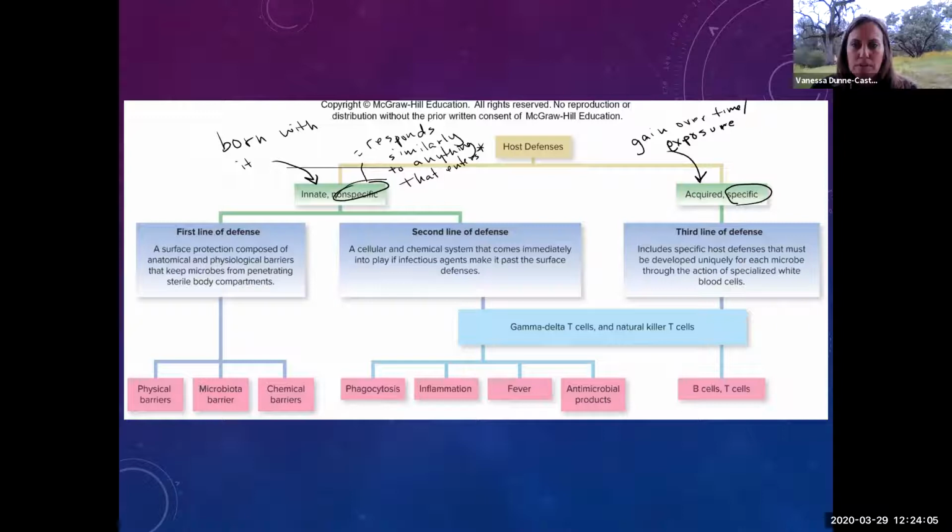So the first time you see something, first time you see a pathogen, your body takes about 3 to 5 days to mount a very highly fine-tuned response. This is specific, a very, very specialized response.